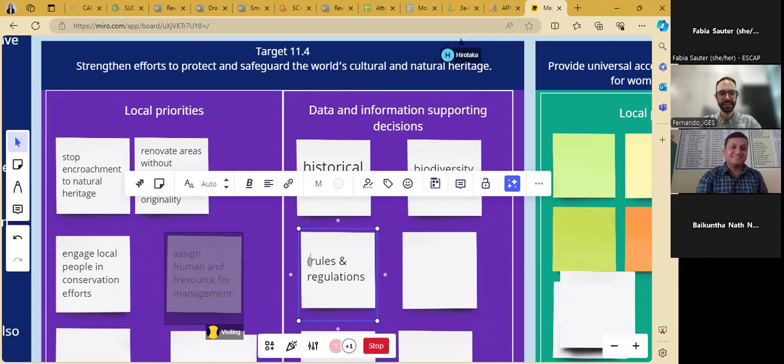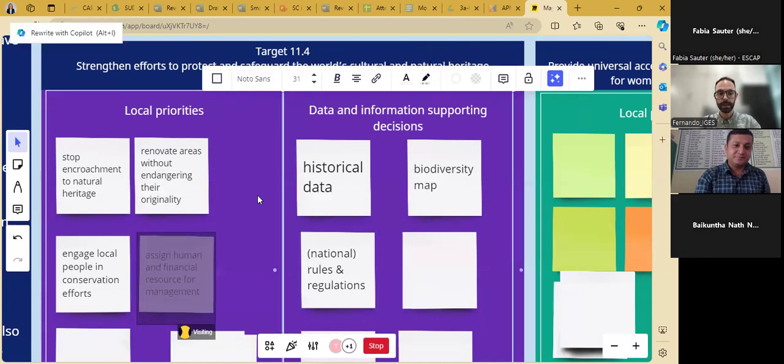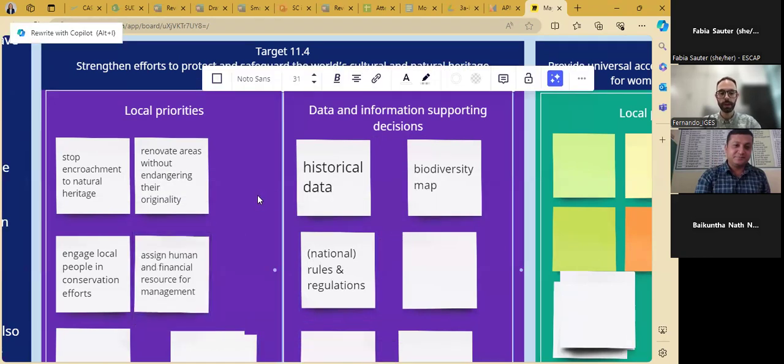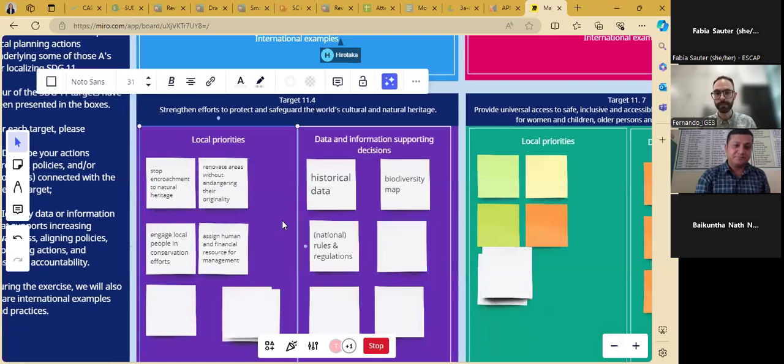Yes, I think indeed it's very important to engage with the local people in conservation efforts and to be very careful when renovating to not endanger the original and destroy the culture. Cities are layers of history.